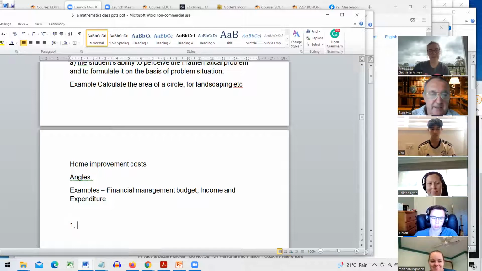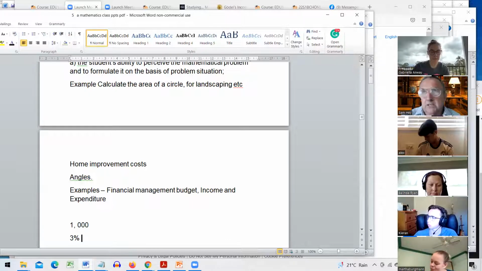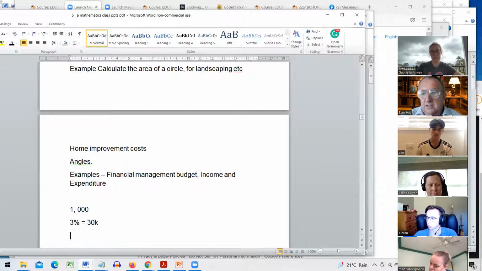And it struck me that if the bank has 3% interest on $1 million, 3% on $1 million equals $30,000.